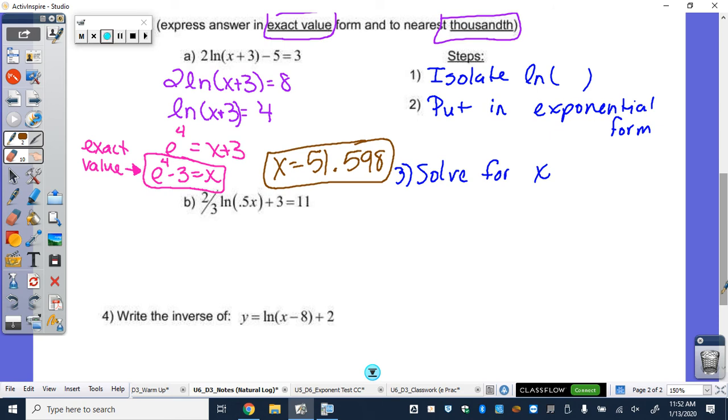All right, let's try this again. The letter B, again, we want to isolate the ln. So what do we want to move first? The 3. So I subtract my 3 over. That gives me an 8 over there on the right side. So now how do we get rid of that 2/3?